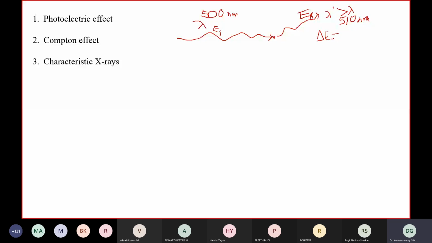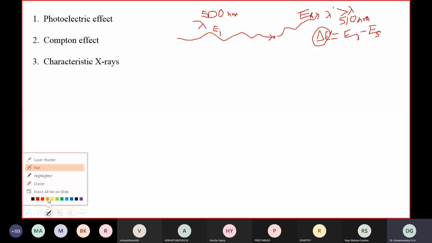Therefore, there is a difference in energy of the incident and the energy of the scattered. Okay, where did this difference energy go to? This difference energy would be absorbed by the electron, and the electron moves in this direction.